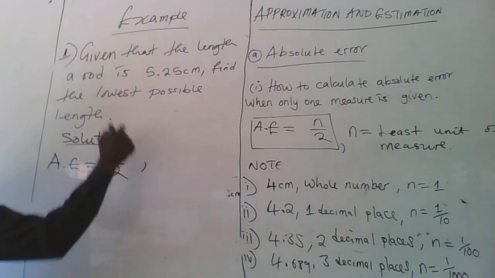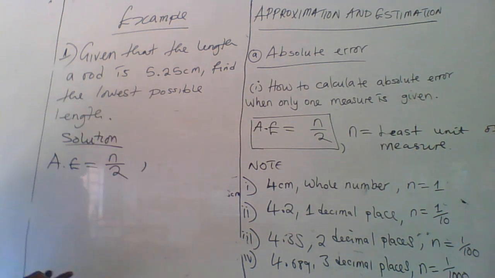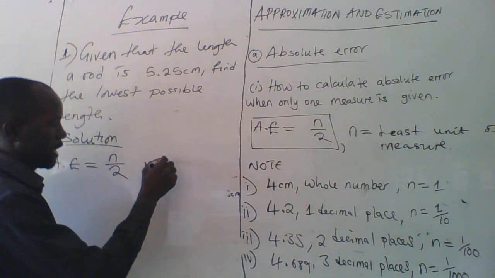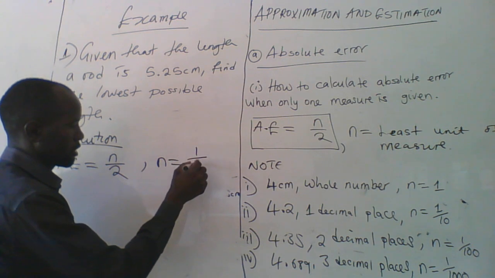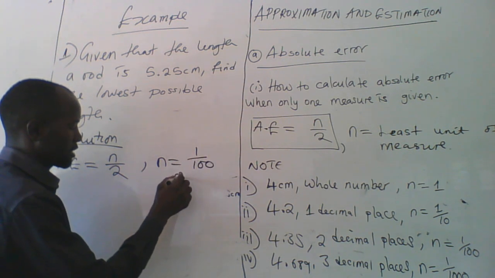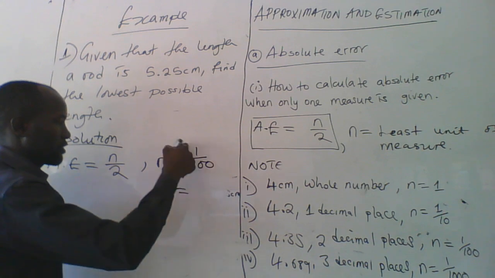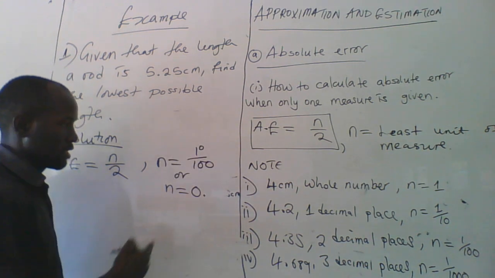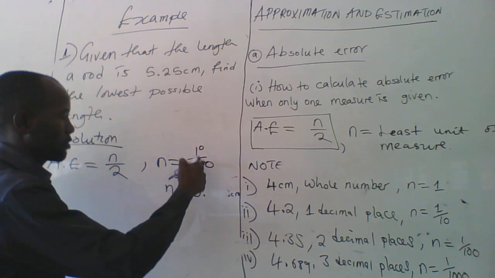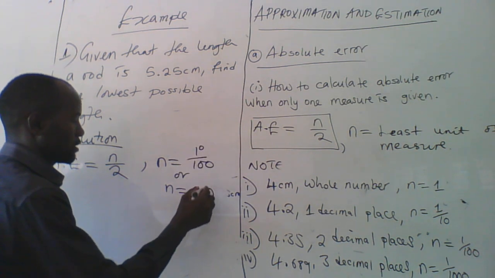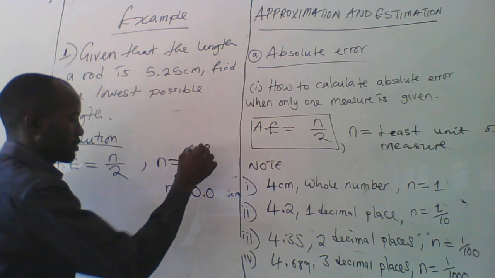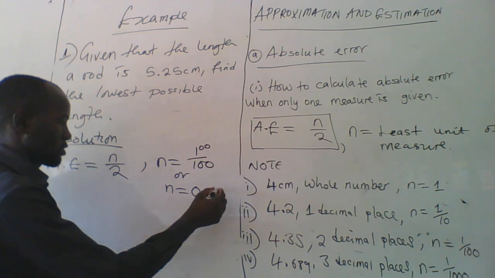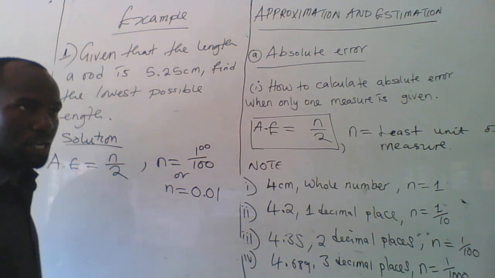Since the measure given has two decimal places, our n will be equal to 1 over 100, which is 0.01.